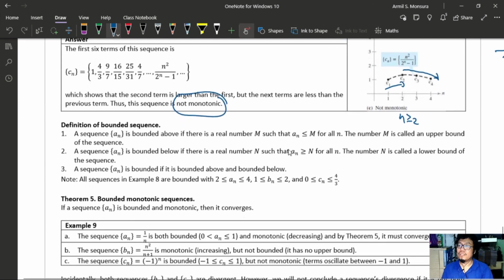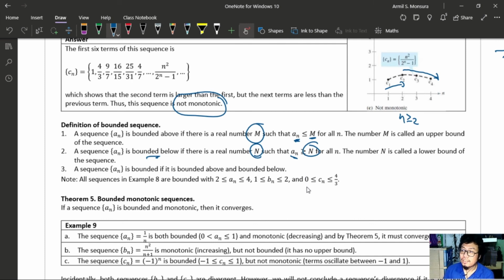Next term that we need to define: bounded sequence. A sequence is bounded above if there is a real number such that the terms of your sequence are lower than that upper bound. It is bounded below when there is a number such that the n term of your sequence is greater than that lower bound.